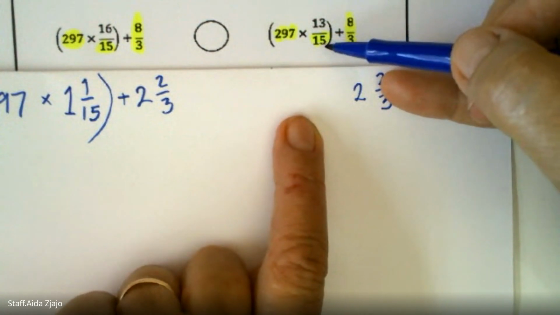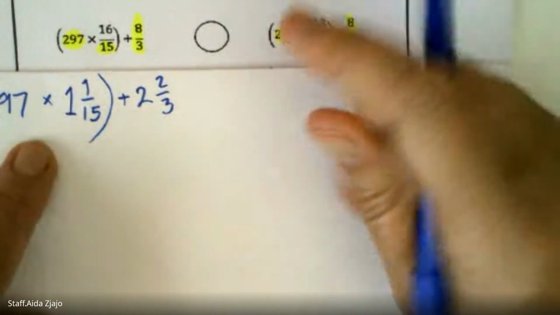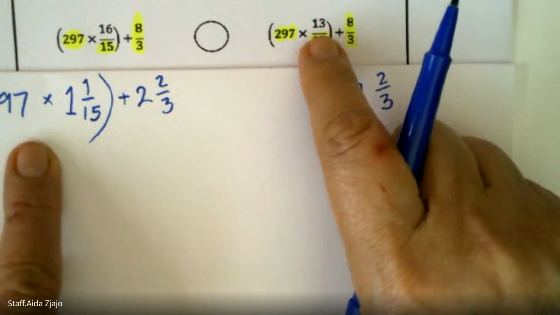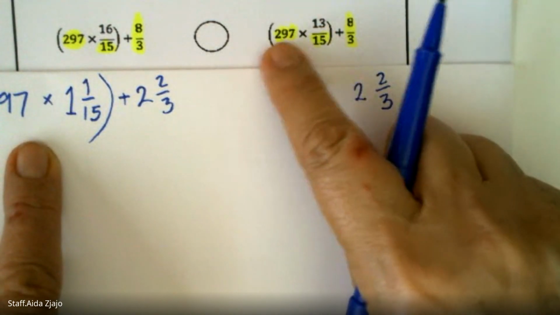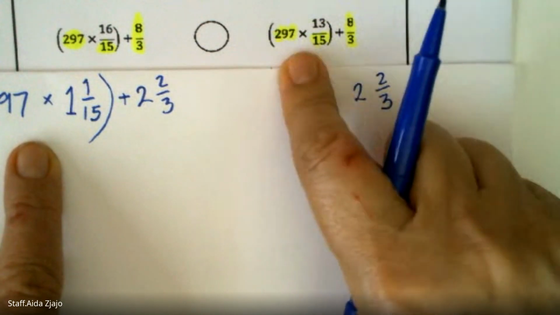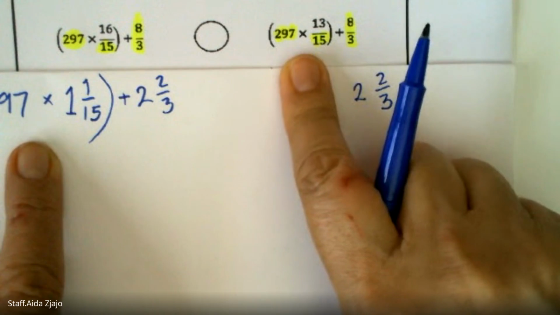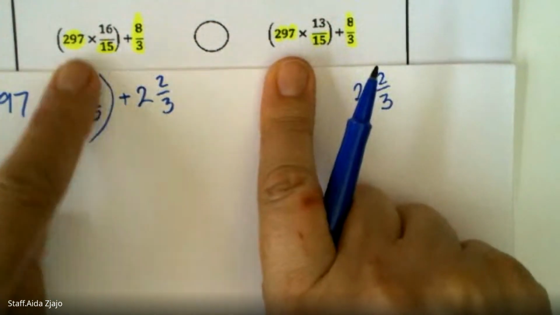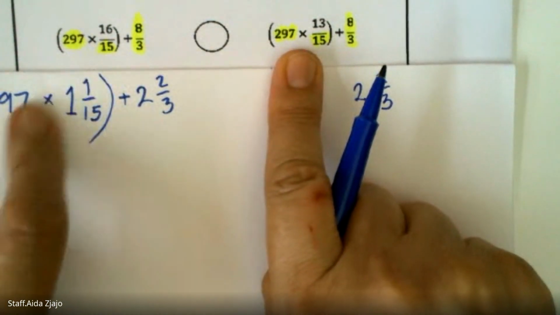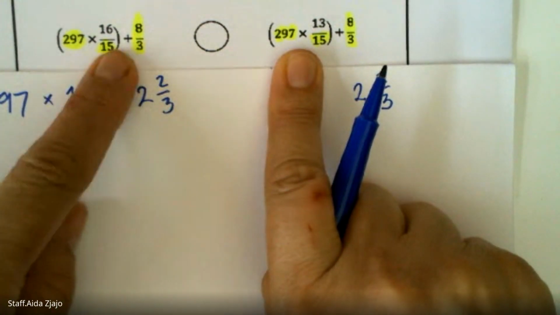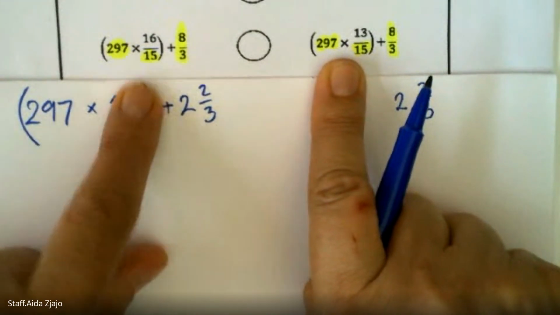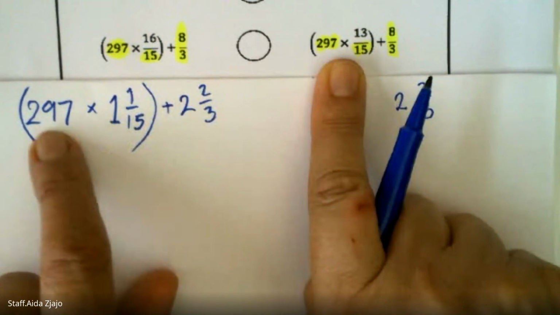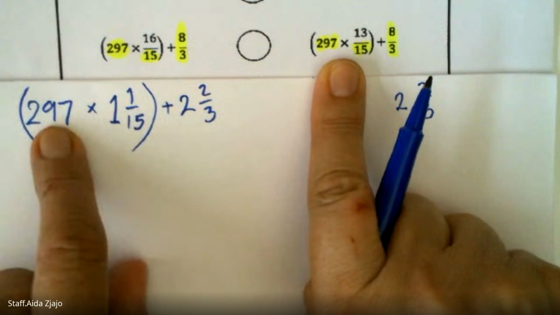So you can think about this as multiplying a factor with less than a whole, which means you will get 13 pieces of this number as the product. And then you're going to add 2 and 2/3. But the key is this: 297 times 16 15ths will give you the whole 297 plus 1/15 of 297.